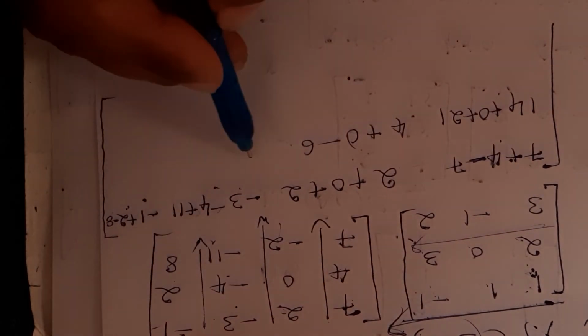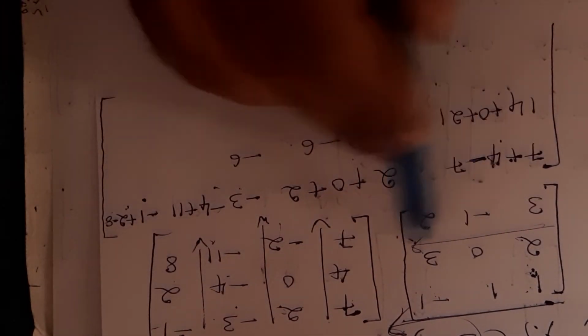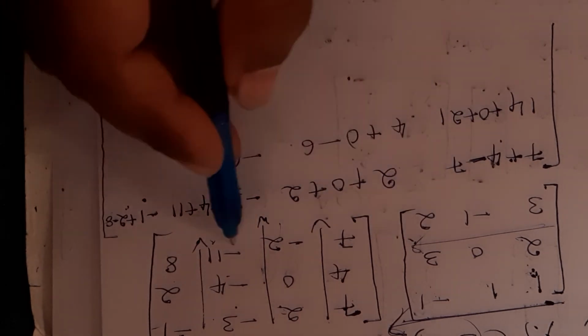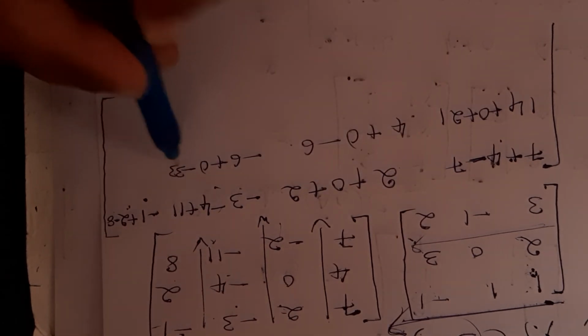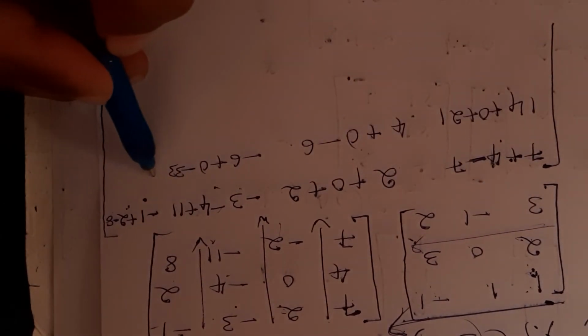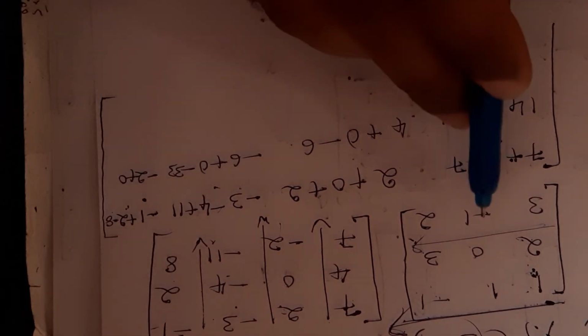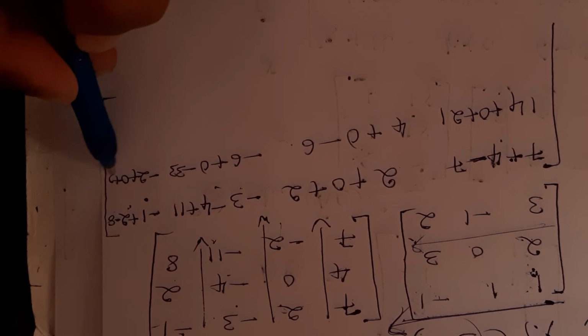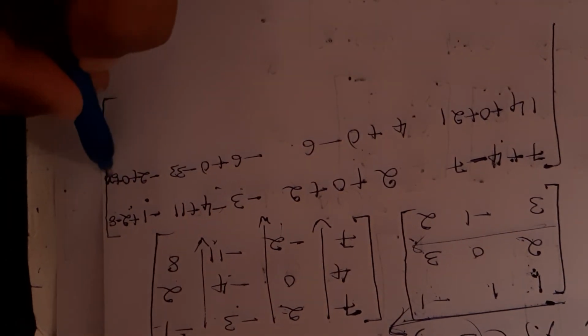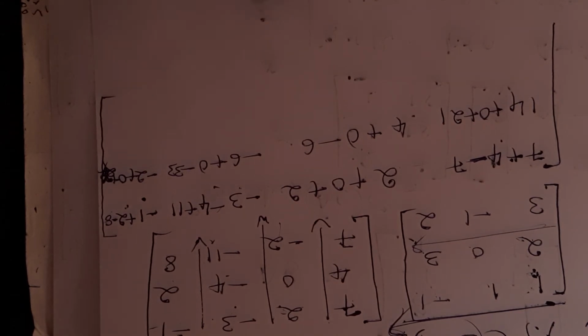Then you consider 2 into minus 3, that is minus 6, plus 0, minus 33. Then 2 into minus 1, that is minus 2, then plus 0, then plus 24. Minus 2 plus 0 plus 24.